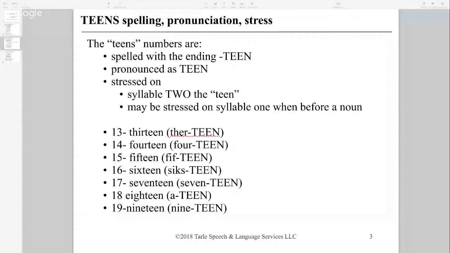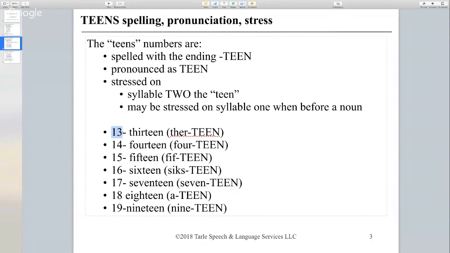So let me go ahead and show you that again. Okay, so here we are down here for 13. 13, 14, 15, 16, 17, 18, 19.